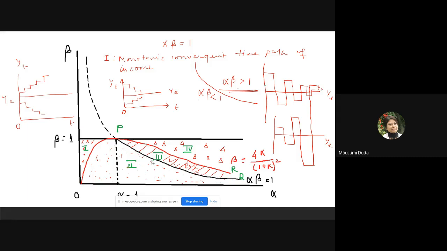However, the oscillations will have equal amplitude around the equilibrium income.